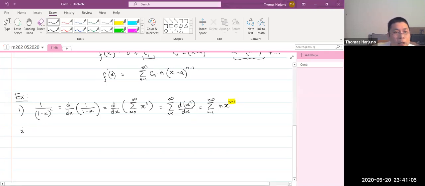Another one is natural log of 1 plus x. Natural log of 1 plus x is the integral of 1 over 1 plus x dx.